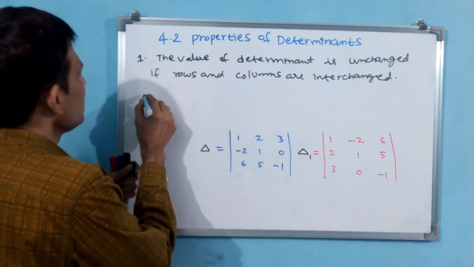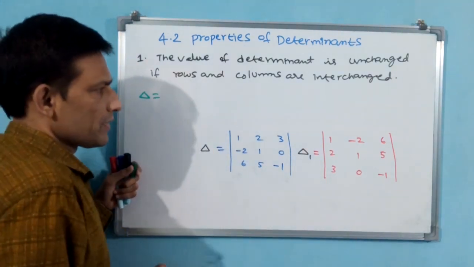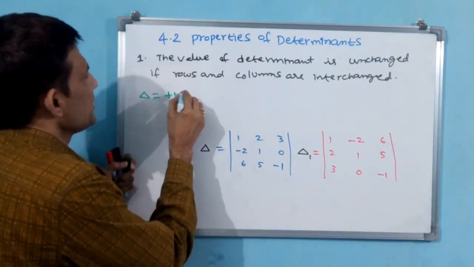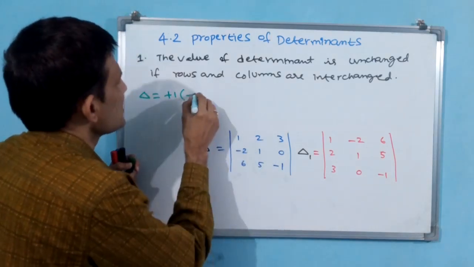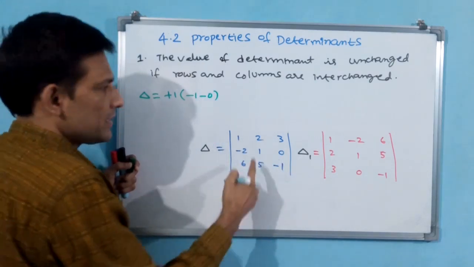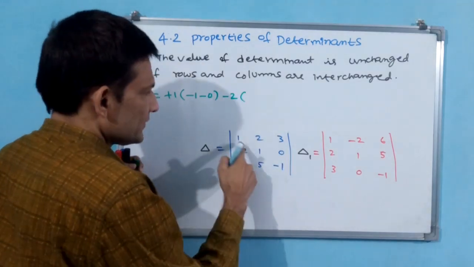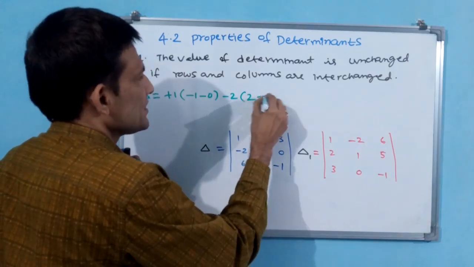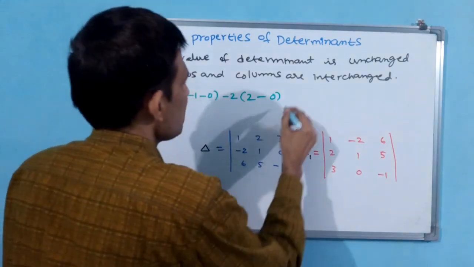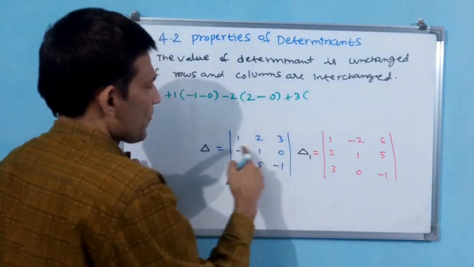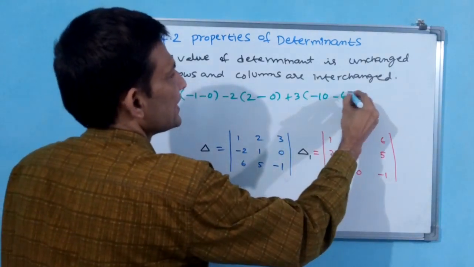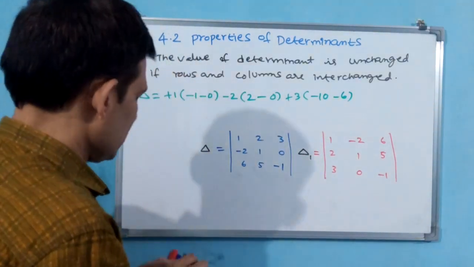First delta I am doing. Delta is equal to 1 into (minus 1 minus 0), then minus 2 into (2 minus 0), then plus 3 into (minus 10 minus 6).